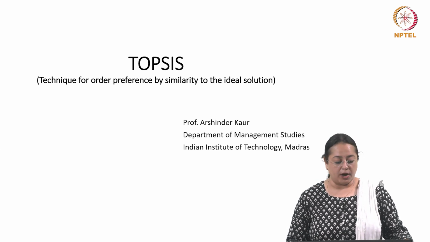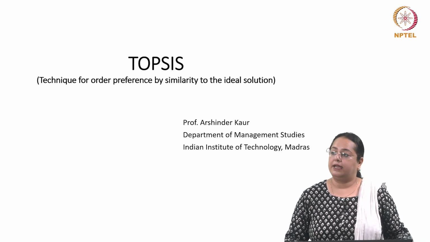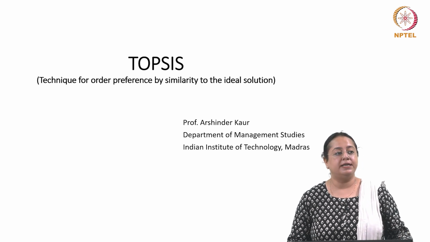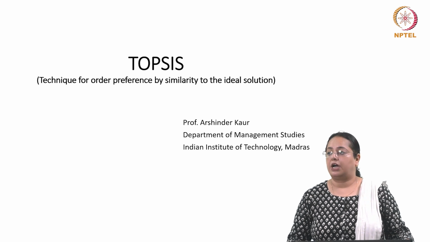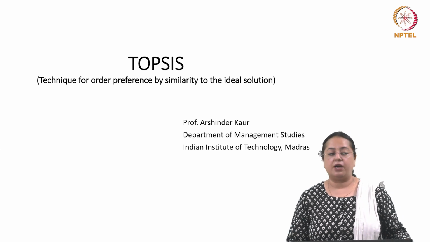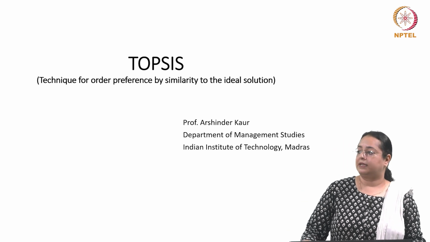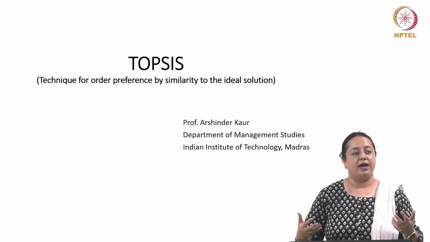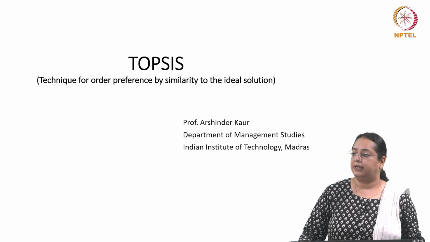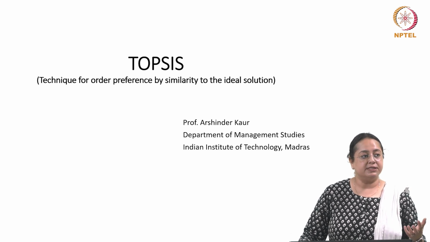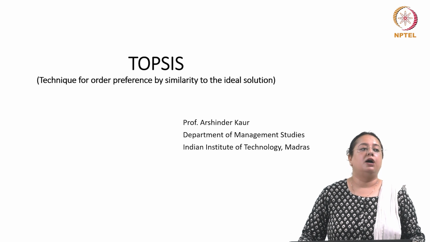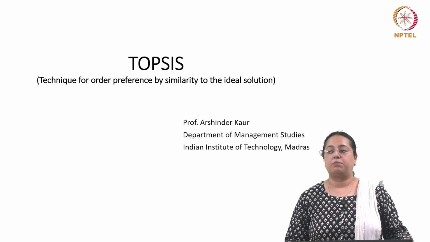What it does is accommodate multiple factors, which are also called attributes or criteria. In the last session, we saw that while selecting suppliers we have to consider many attributes or criteria. On that basis, one has to select or evaluate the suppliers.